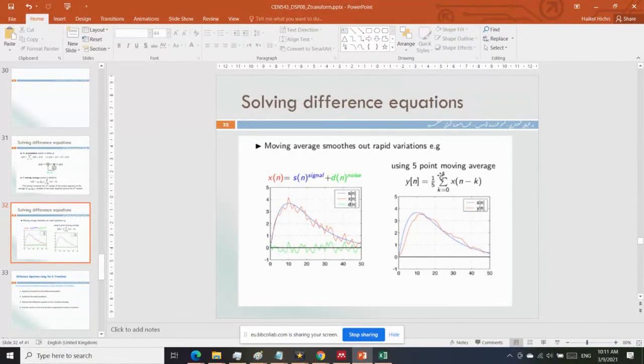So this is basically a moving average of 5 samples. So you can see it's also a difference equation. yn is equal to 1/5 times the sum of xn minus k, so xn, xn minus 1, xn minus 2, xn minus 3, xn minus 4, where k goes from 0 to 4.